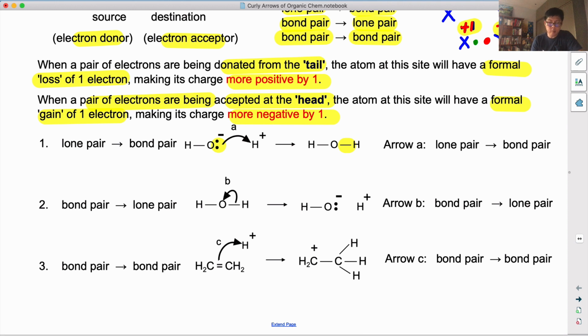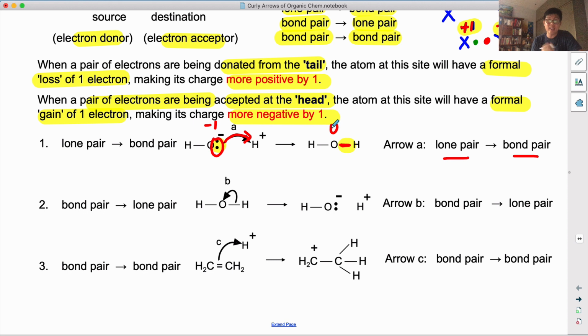So in this case, when the lone pair moves to the H, this is the bond that's being formed. Can you see that? This is the idea of a lone pair becoming a bond pair. And O, from a formal charge of minus 1, after giving that 1 electron, has no more charge.